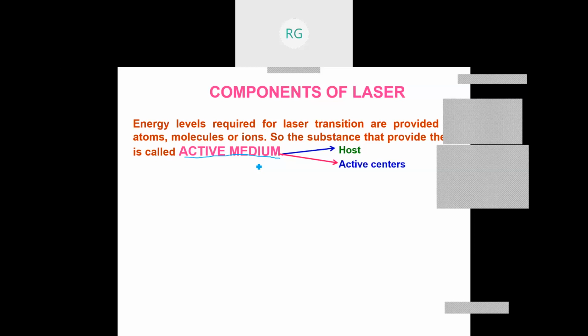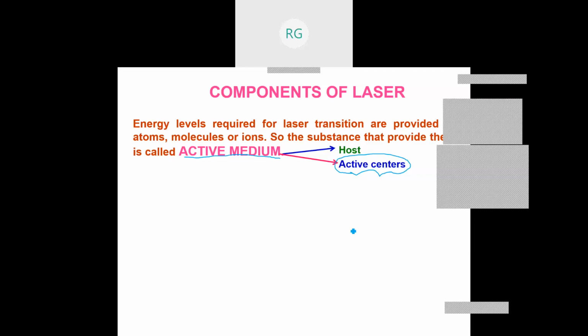Therefore, the host is a material or crystal lattice, and the active centers are simply the dopants or impurities we add. Remember that the host will not make any important contribution to the lasing action, because the active centers are responsible for providing metastable states, and metastable states will be populated, giving you population inversion.